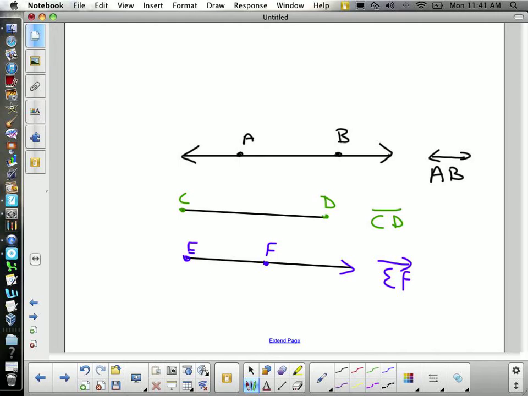How about D? How would you name D? It is JHI. What symbol? Angle symbol. All right. So naming it using the correct symbol, the correct letters. Now, could I have said BA instead of AB here? Yes. I could have said DC instead of CD here.